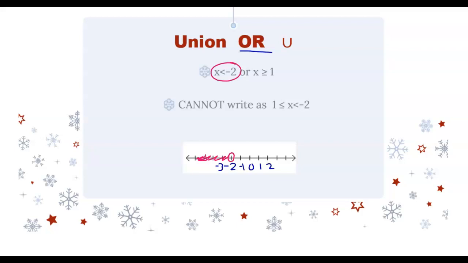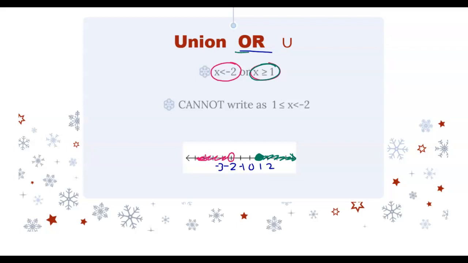Now, for x being greater than or equal to 1, we need to shade everything that is equal to 1. So I'm going to do a closed circle, and all the values that are greater than, that's to the right here. As you can see, they're not overlapping at all. So if we were looking for the intersection, the and, it would be no solution because they're not crossing anywhere for both.